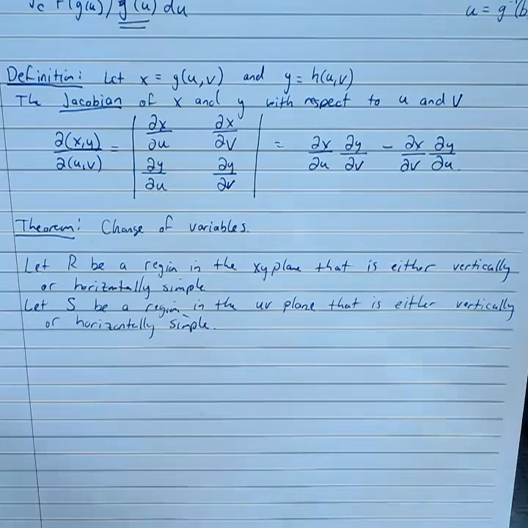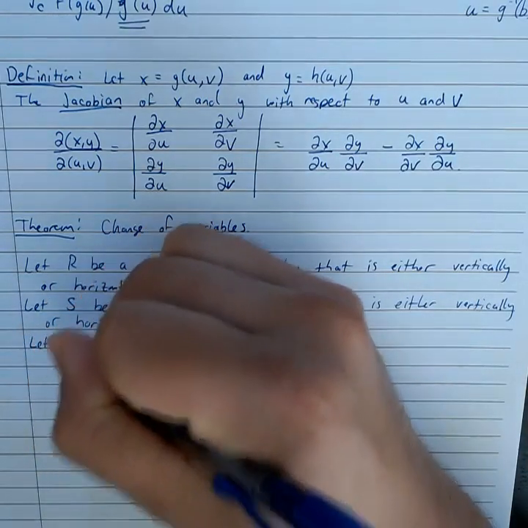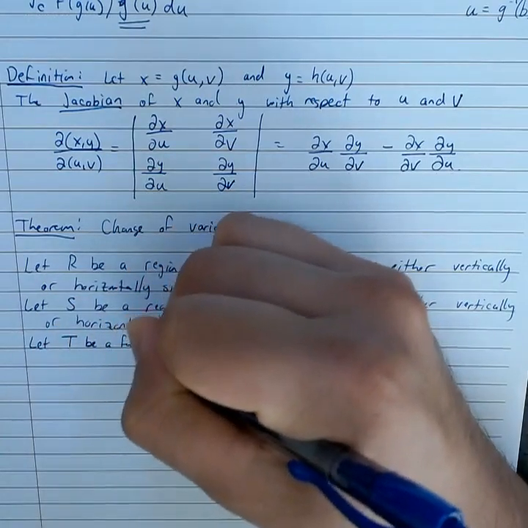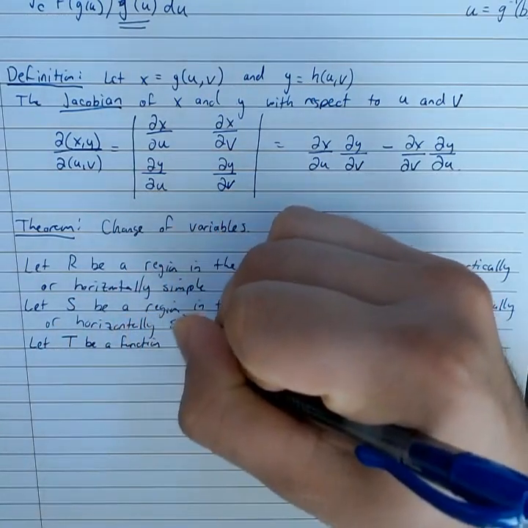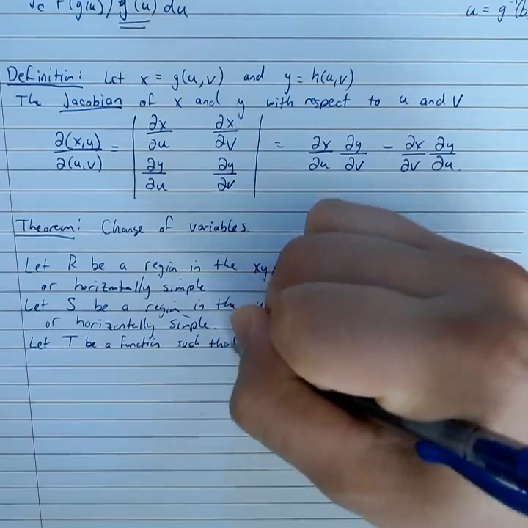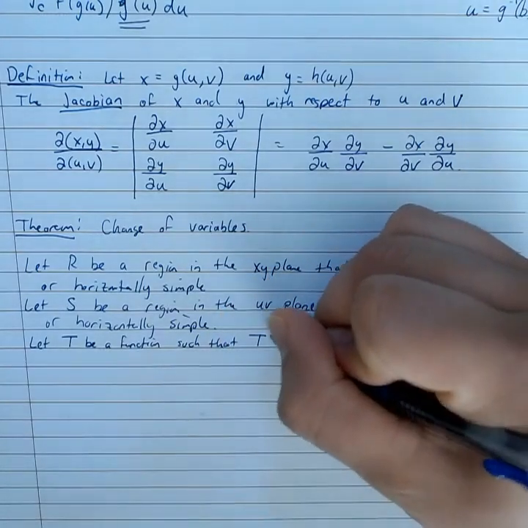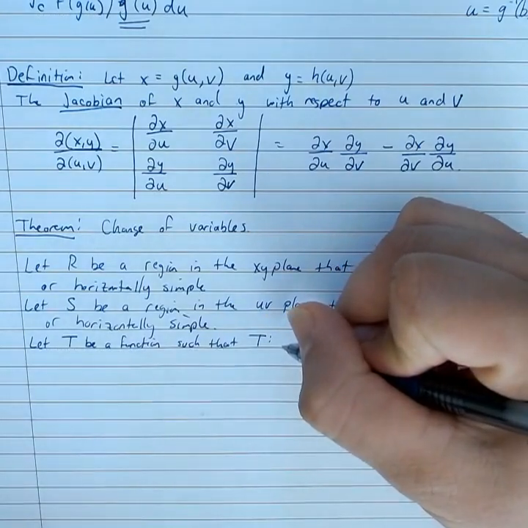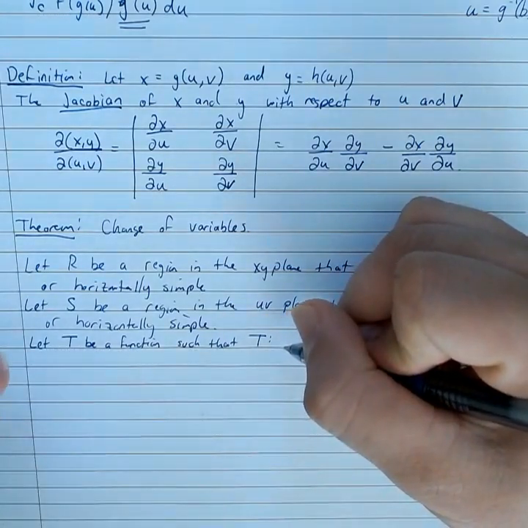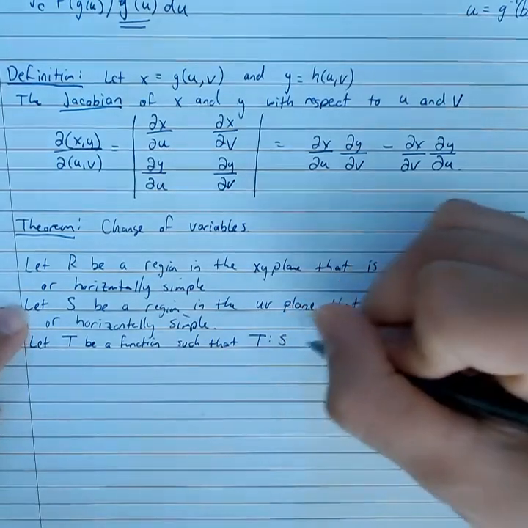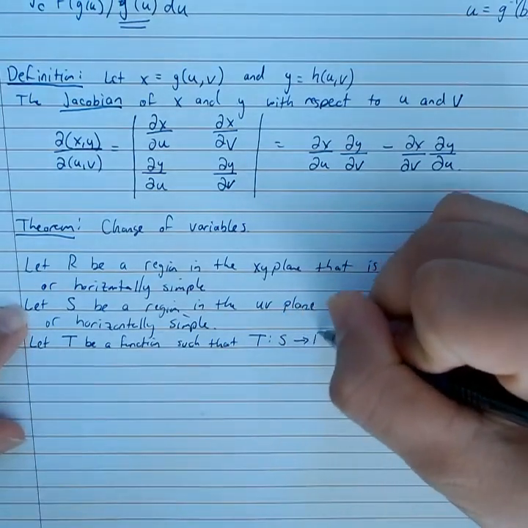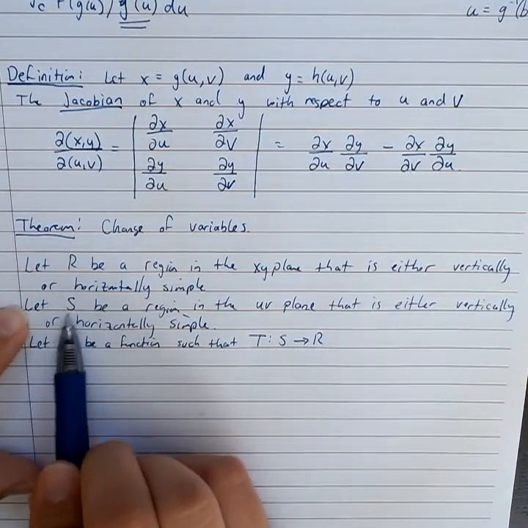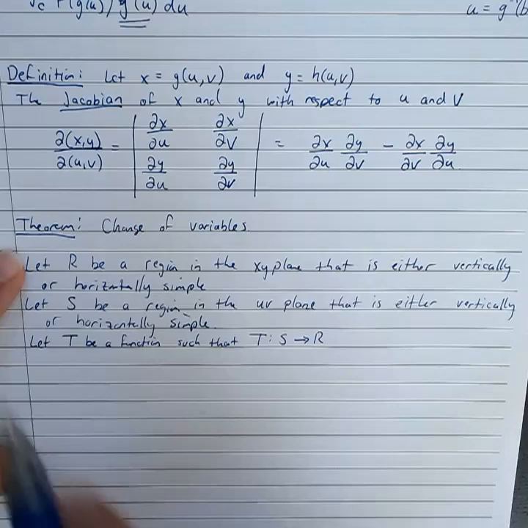Okay. So now let's take a function. Let T be a function such that T maps something from S into R. So in other words, a function T just takes you from this coordinate system into this coordinate system.